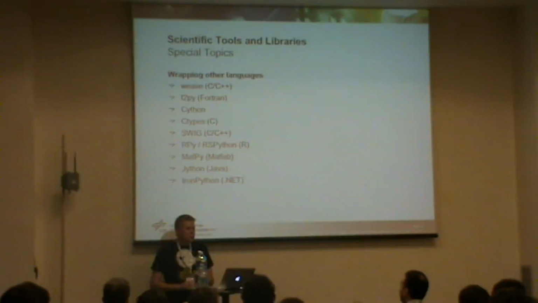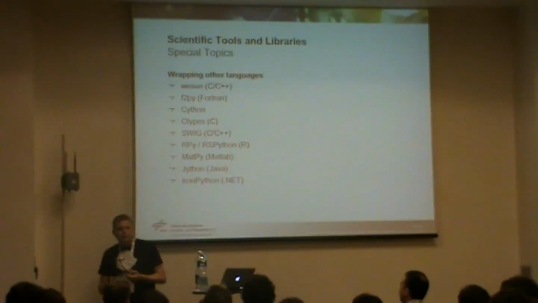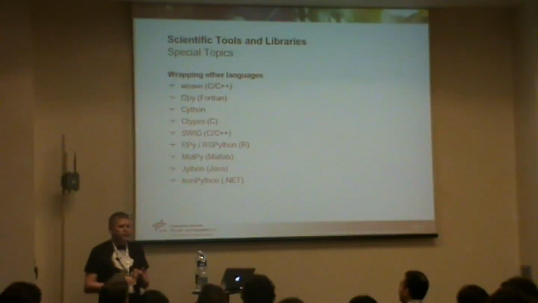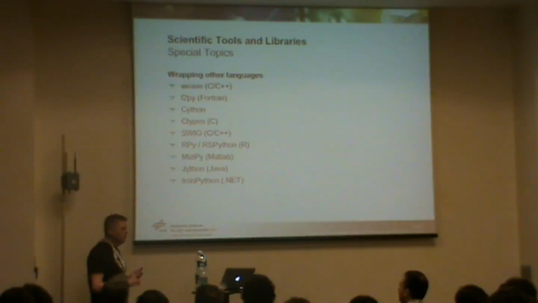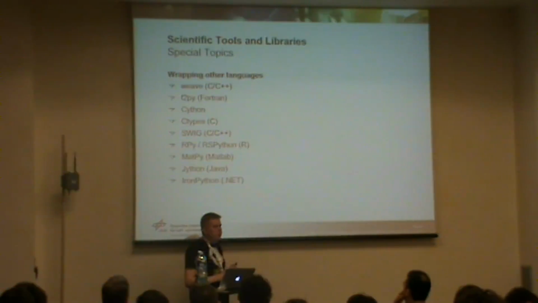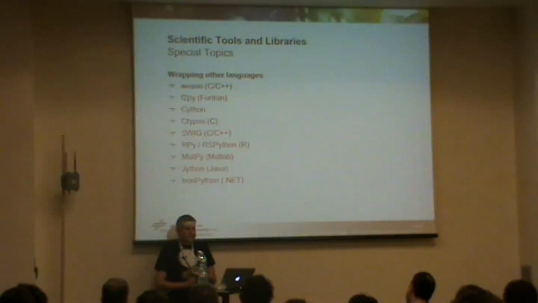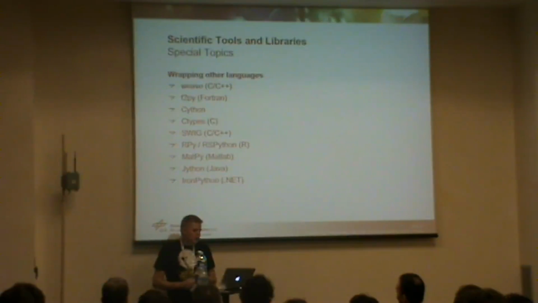But what we can do is make the use of these high-quality Fortran codes easier for the user. That can be done by wrapping Fortran routines and C routines within a Python interface. And this can be done automatically with tools like F2PY, SWIG, and others.